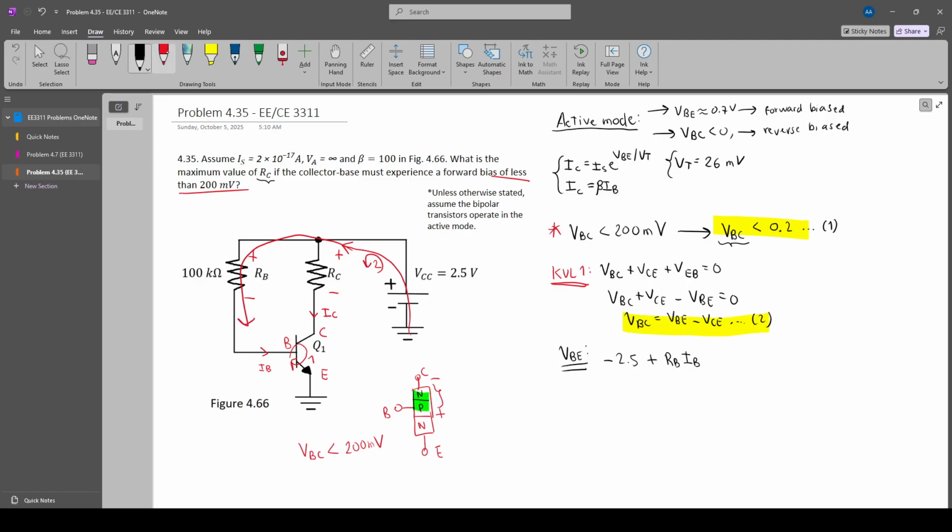And then we have to follow this arrow and go through the BE junction and to ground, and that is the end of the loop, right? So plus the voltage across the BE junction equals 0, right?